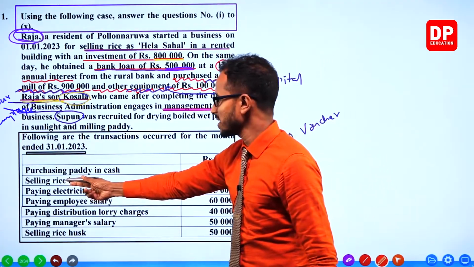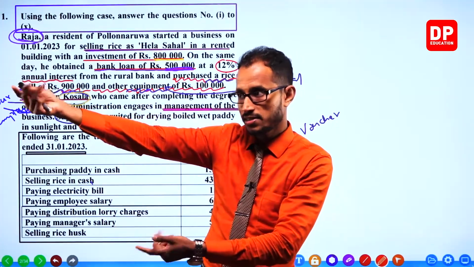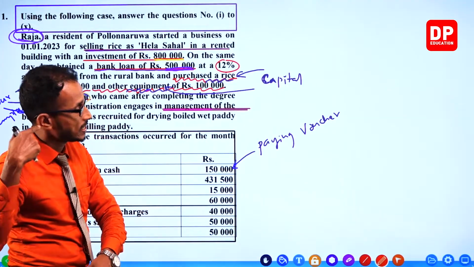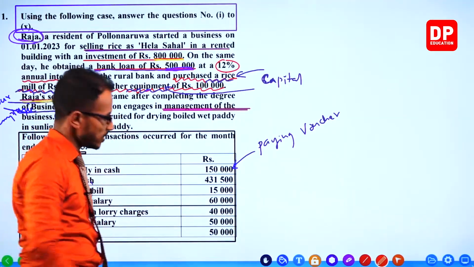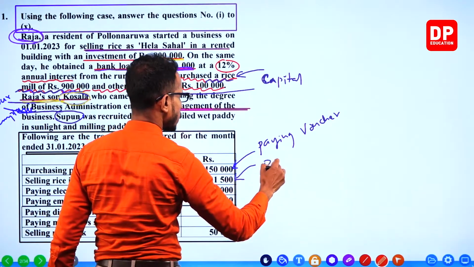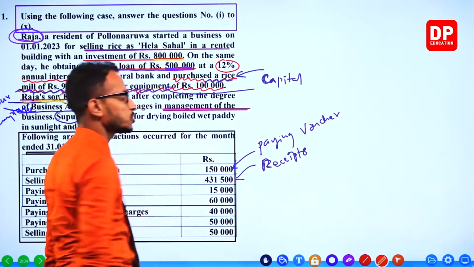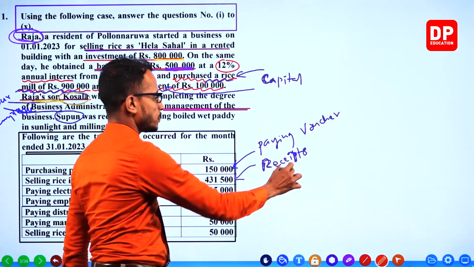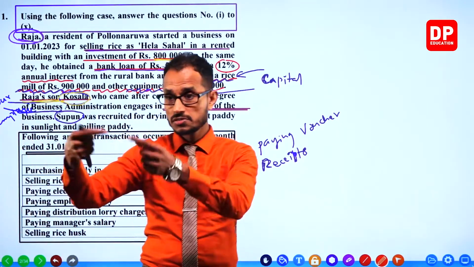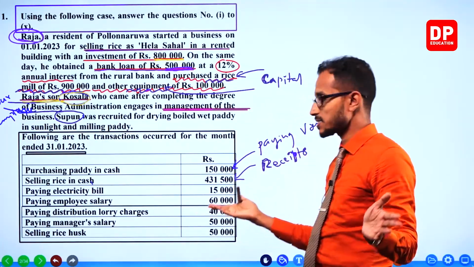Selling rice in cash, receiving money. Because you sold goods, you receive money. Receipt. That's a receipt that you must issue when you receive cash. Receipts.